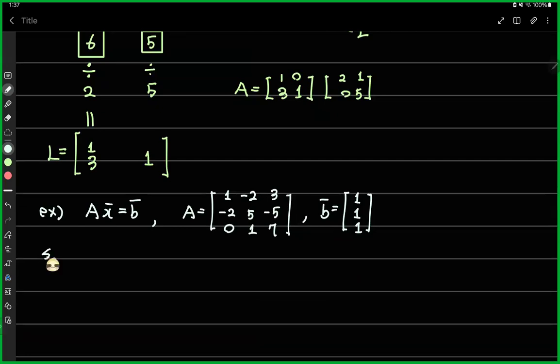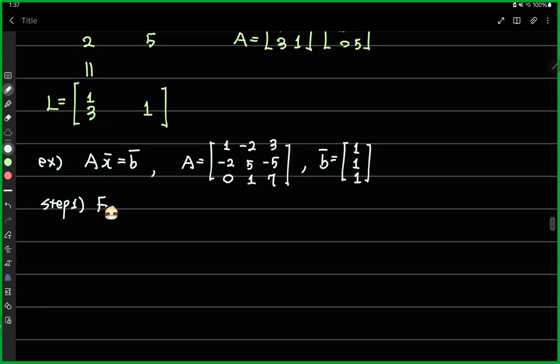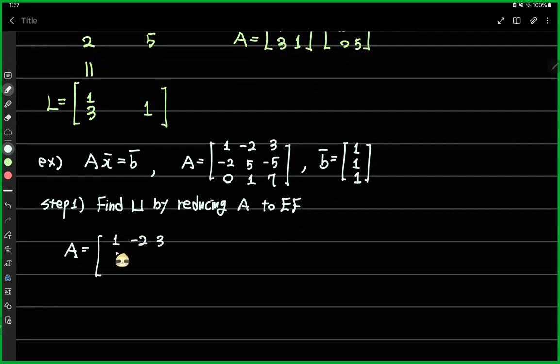Step 1 is to find U by reducing matrix A to echelon form. Matrix A is given: 1, negative 2, 3, negative 2, 5, negative 5, 0, 1, 7.